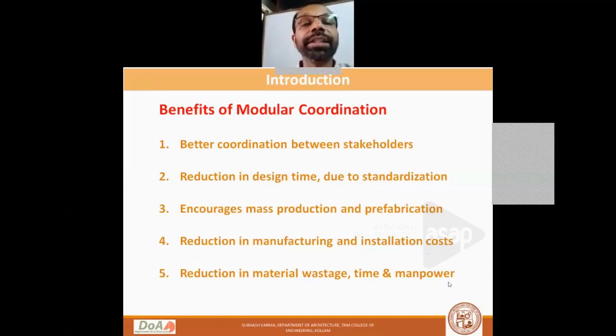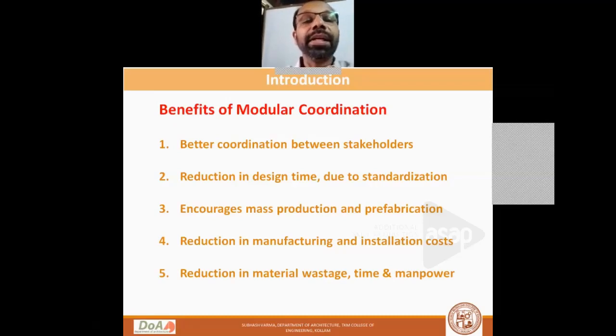Then there is a reduction in time due to standardization. Then it encourages mass production and prefabrication. Since all the dimensions are fixed or predetermined early, you can make the components in the factory and go for prefabrication.